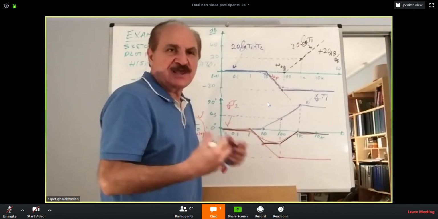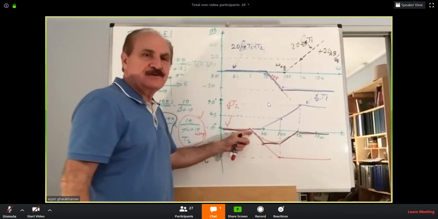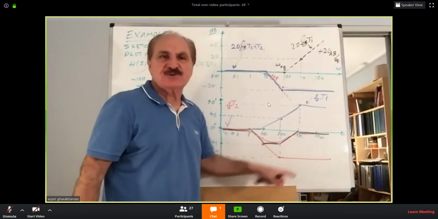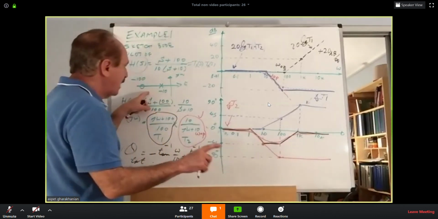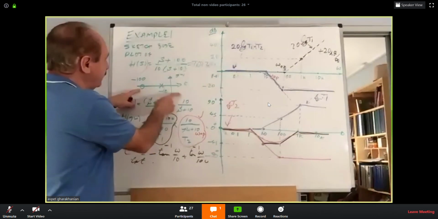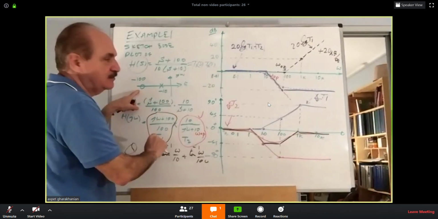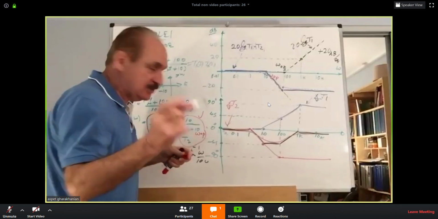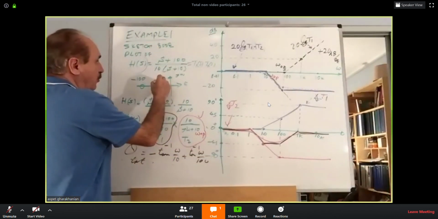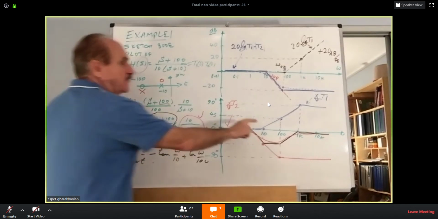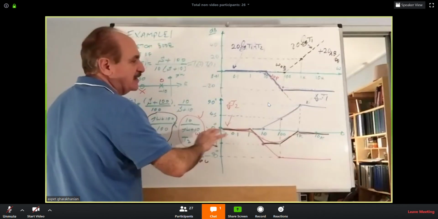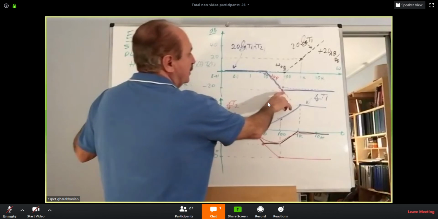Look at the information I gathered about the phase angle. This is called the phase lag circuit. Phase lag circuits happen when the pole dominates over the zero. Had I chosen a zero in here and a pole here, this picture that you see would be exactly inverted.